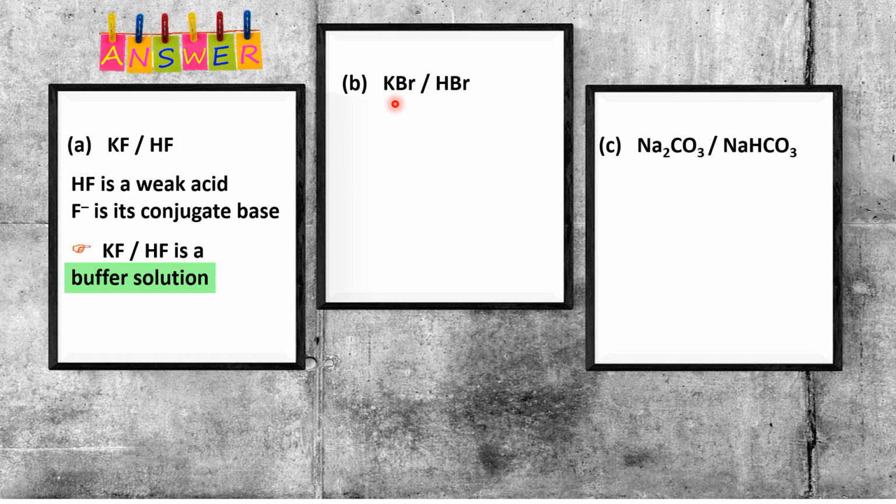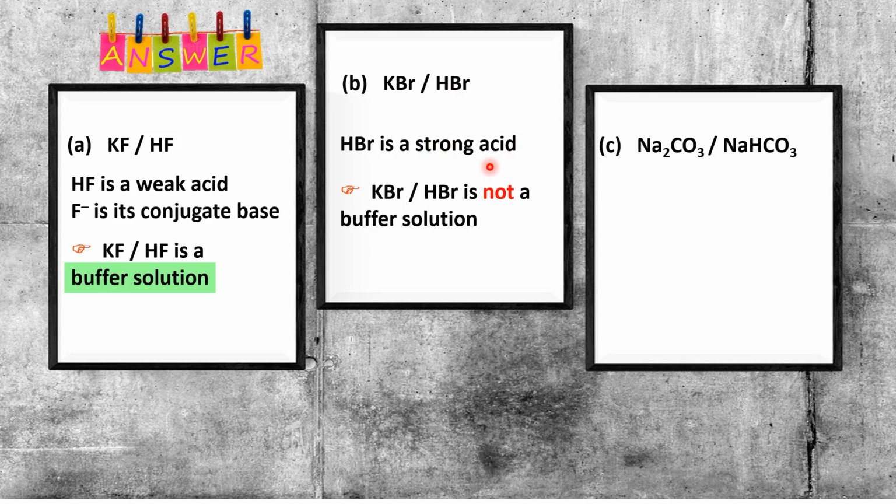For B, KBr and HBr. HBr is actually a strong acid, so the mixture of KBr and HBr is not a buffer solution. Next, C, sodium carbonate and sodium hydrogen carbonate.